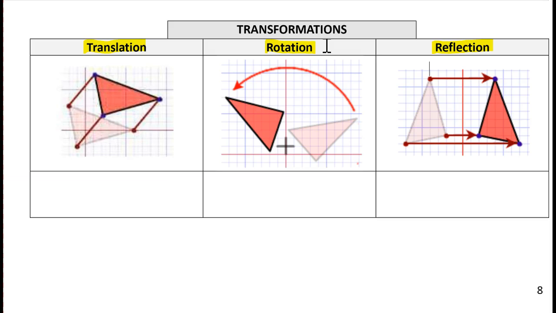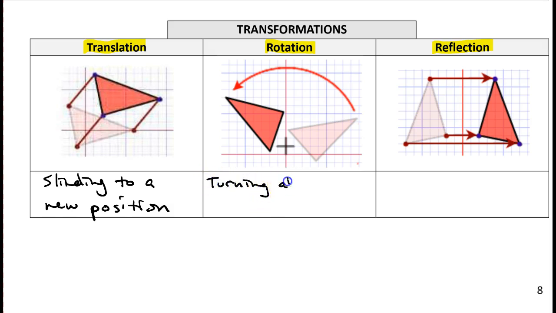So a translation is basically sliding to a new position. Okay, so we just slide it over. A rotation is turning about a point to a new position.